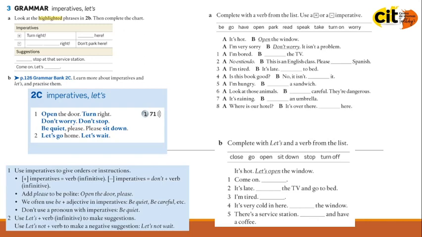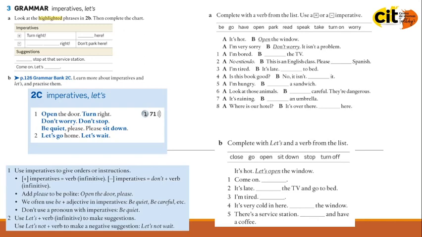The word please could be added to be polite. For example, open the door, please. We often use be plus an adjective in imperatives. For example, be quiet, be careful, etc.